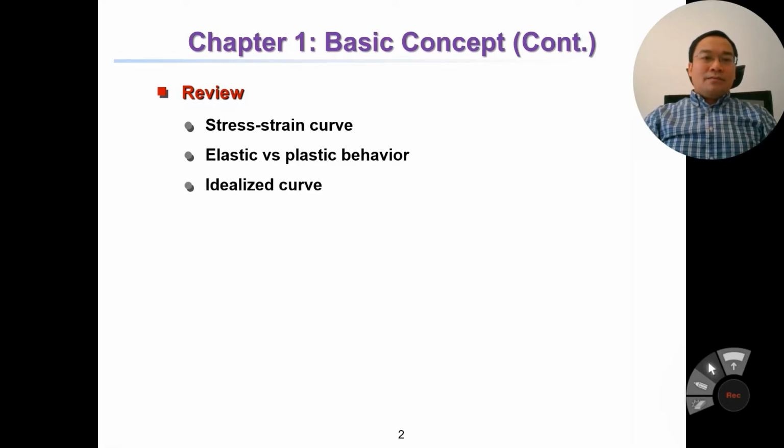And the idealized curve has already been introduced also. It is the elastic and perfect plastic curve, right? That is the idealized curve, which is used in plastic analysis and design.